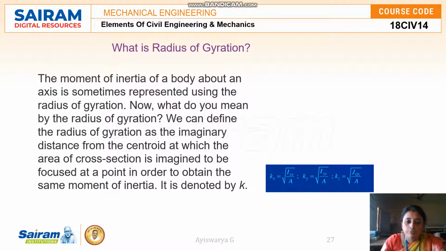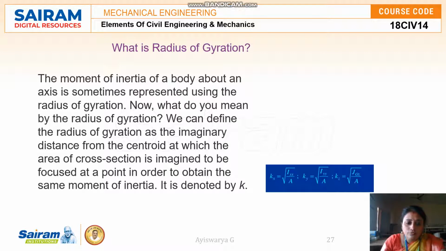That object should be kept with respect to some reference axis, and it should have a centroidal x-x axis and centroidal y-y axis. In the radius of gyration, the moment of inertia of the body about an axis is sometimes represented using the radius of gyration.